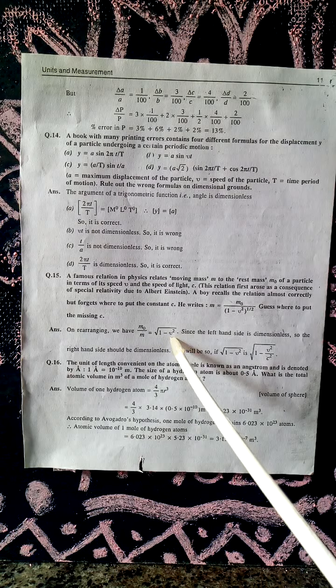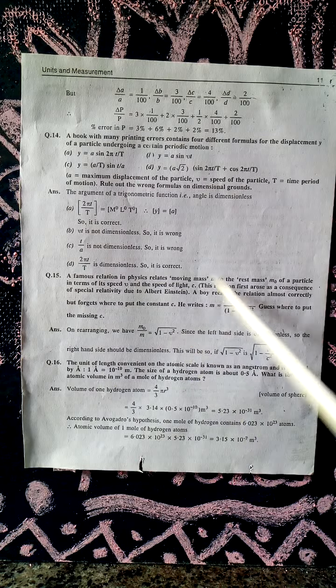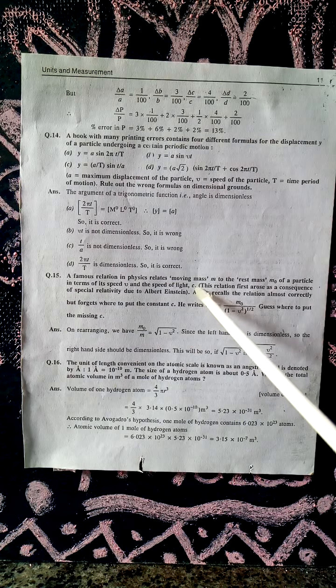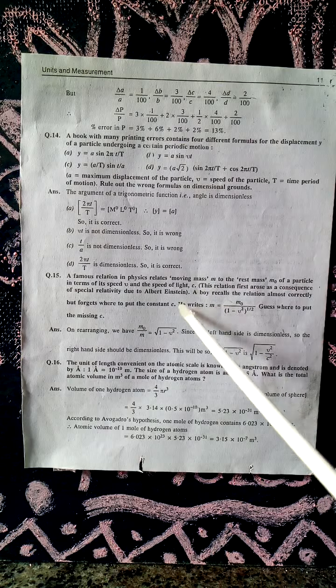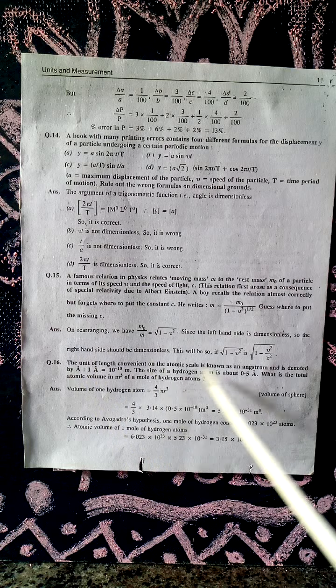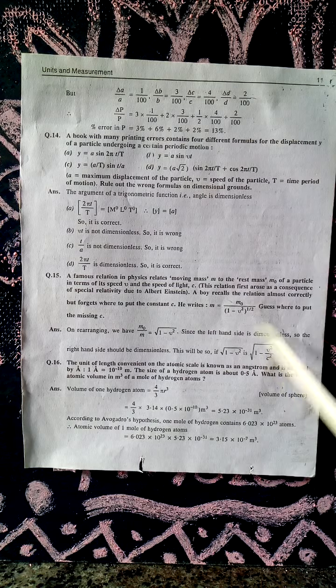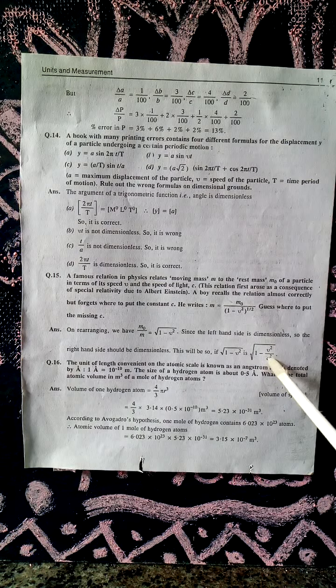Are you getting? Divided by c square. If you do so, v square is there. V square is meter per second whole square. C is also a unit, speed of light is also meter per second. Divided by c square I have to write here. So the equation becomes root of 1 minus v square by c square. In this way I have to write, because here it is meter per second square, and here also meter per second square.